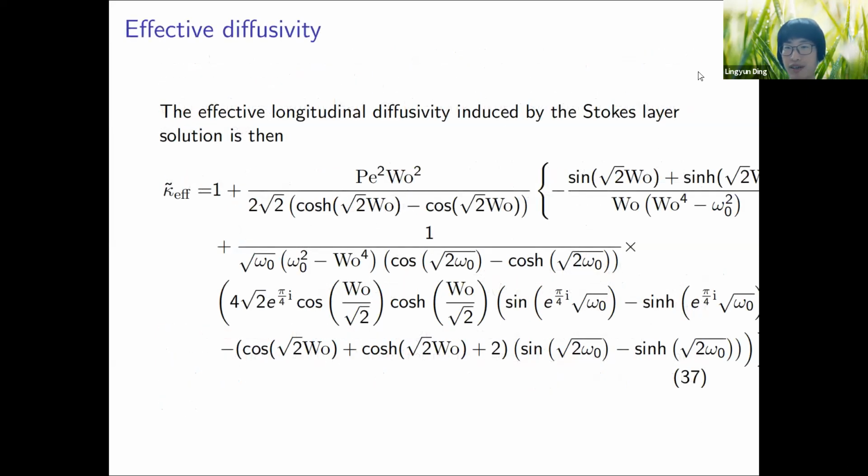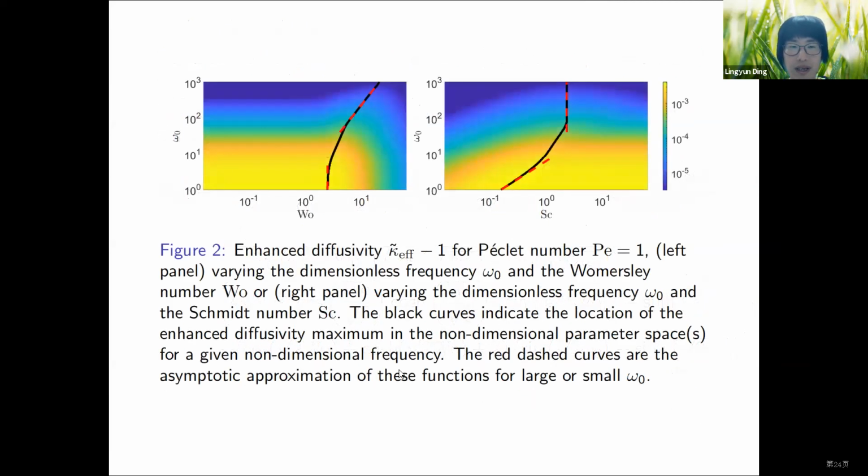Okay, so if we put the expression of the shear flow into the expression of the effective diffusivity we derived before, we obtain a very long formula for the effective diffusivity. And here is some study about this quantity. In this plot, we plot the enhanced diffusivity, which is kappa effective minus 1.